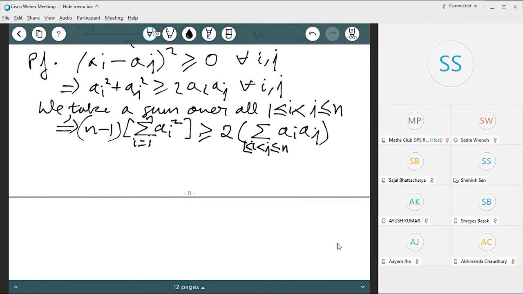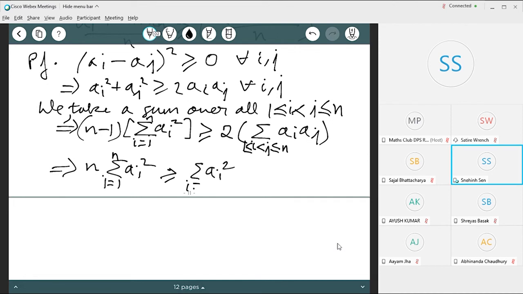Now we add sigma ai square on both sides. So over here we would get n times sigma ai square is greater than or equal to sigma ai square plus the cross terms.